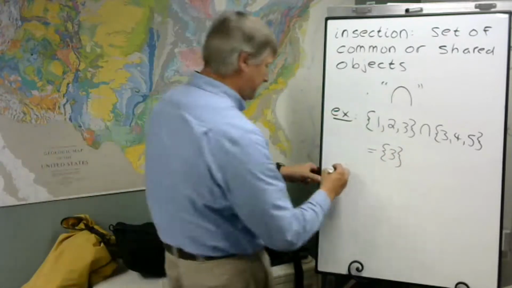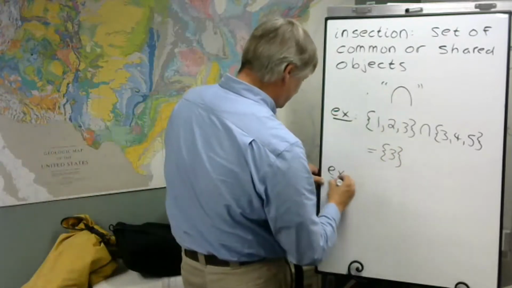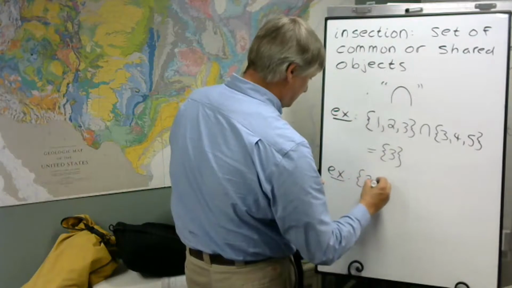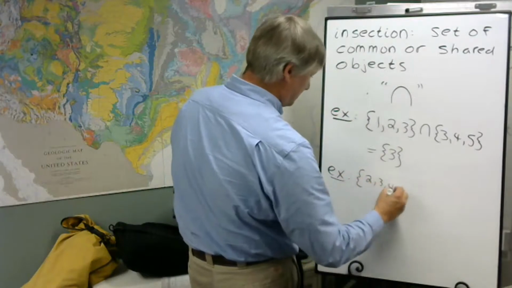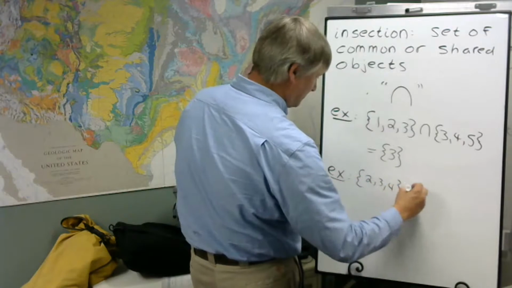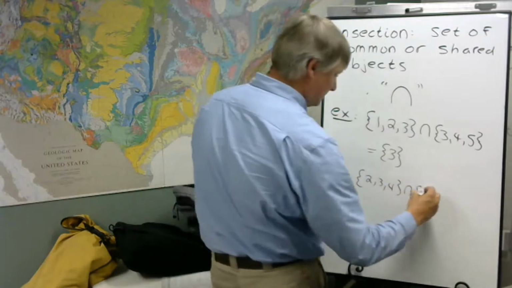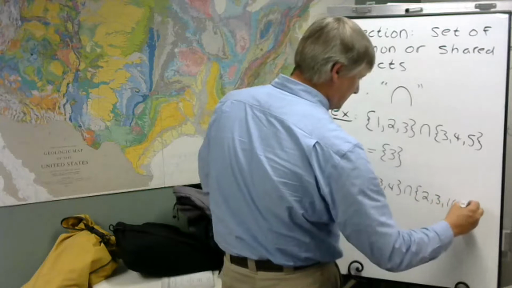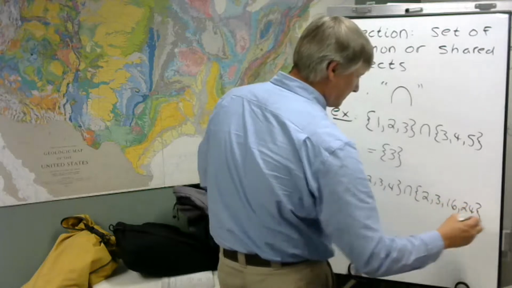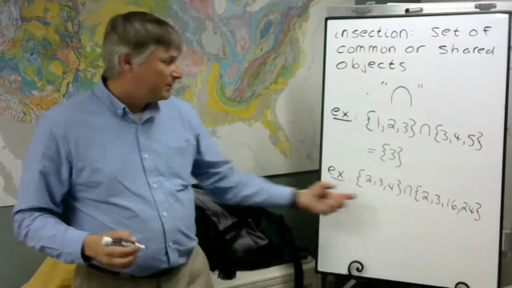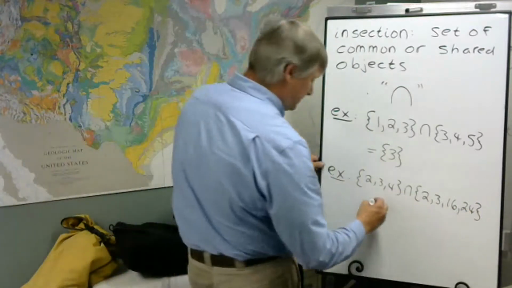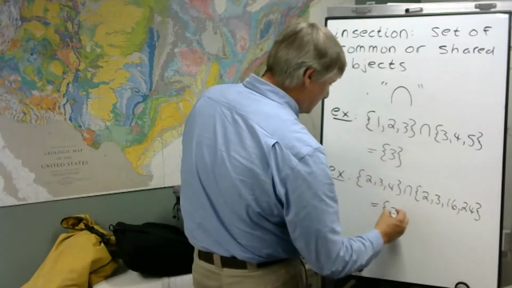Or another one, say we have this. So what elements do these two sets have in common? Well, it's just going to be the 2 and the 3.